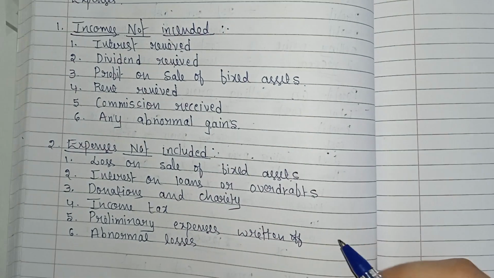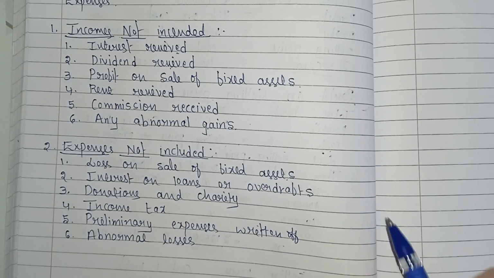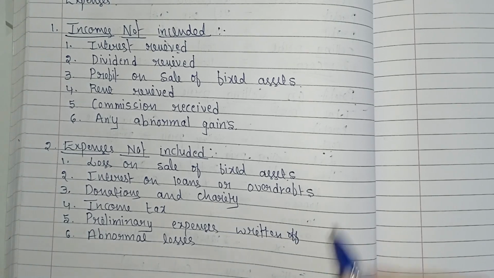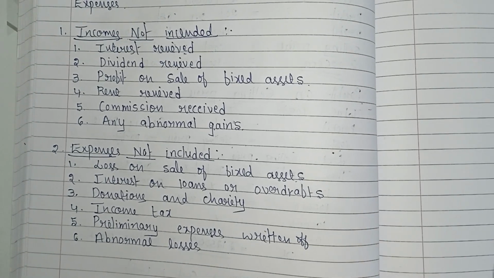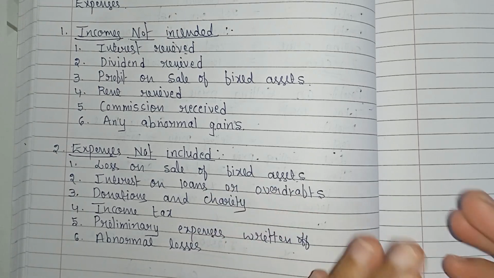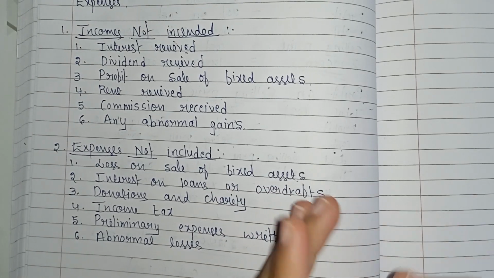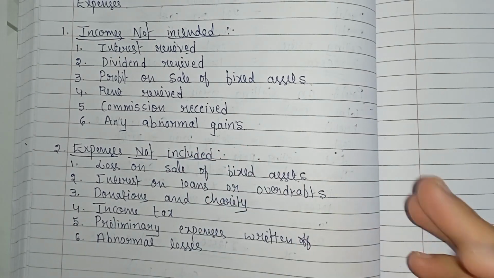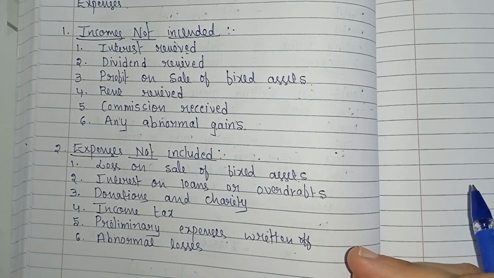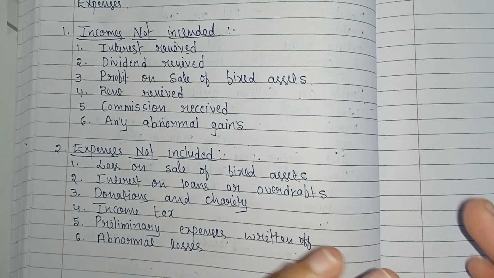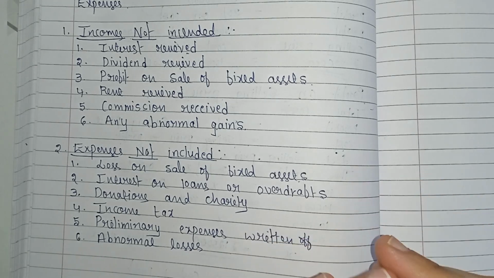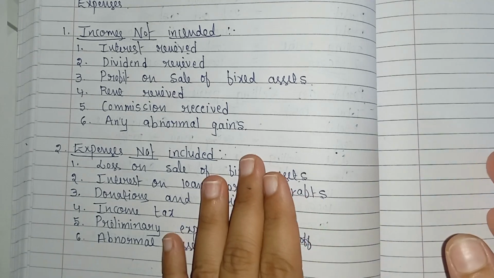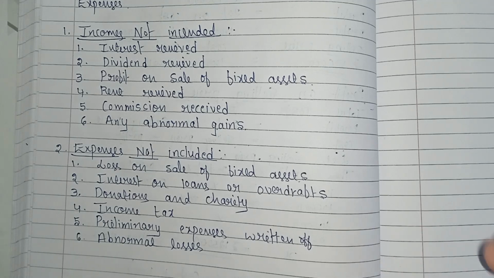The fifth one is preliminary expenses written off. It refers to the gradual charging of initial business setup costs, like legal fees or registration charges. These are unrelated to production and not included in the cost sheet.